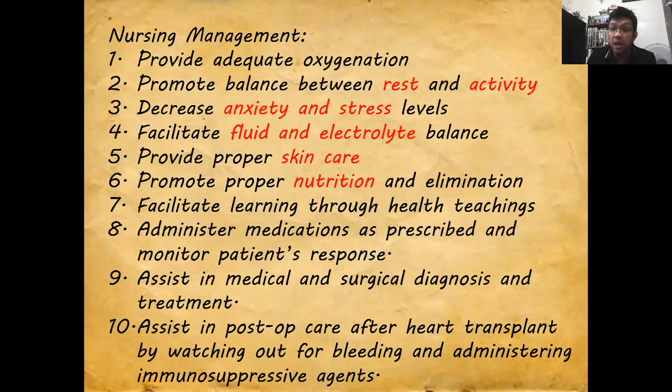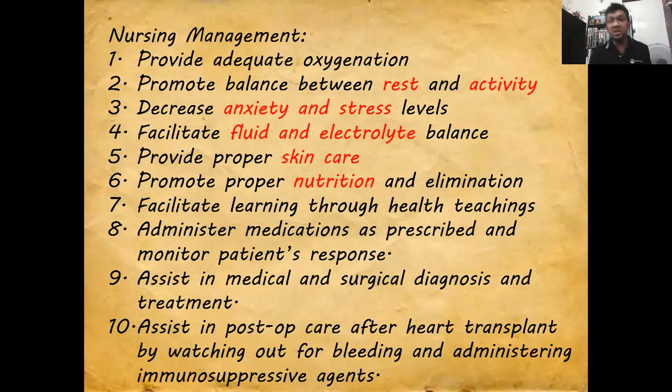And with the post-op care after heart transplant, we need to watch out for bleeding. If the patient is bleeding, we need to report it immediately. And we need to administer immunosuppressive agents. Usually for patients who have undergone heart transplant, immunosuppressive therapy is done within the next 6 to 12 months.